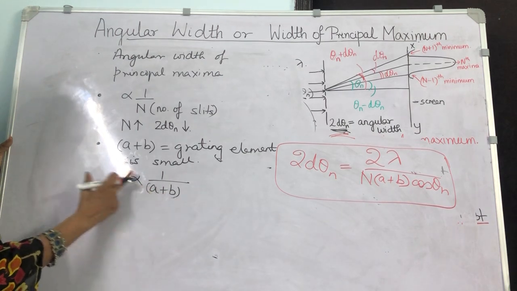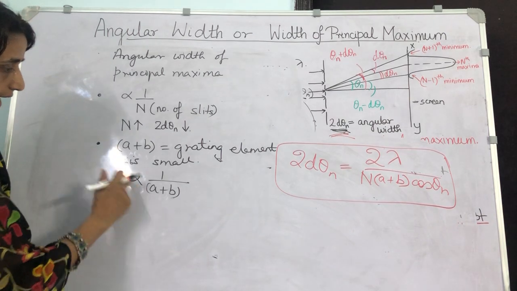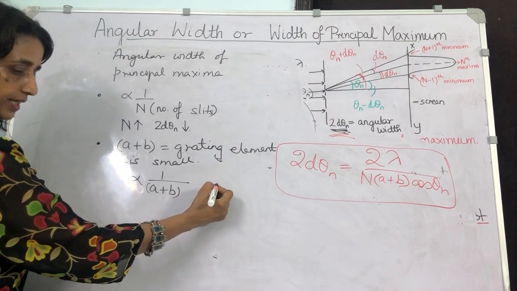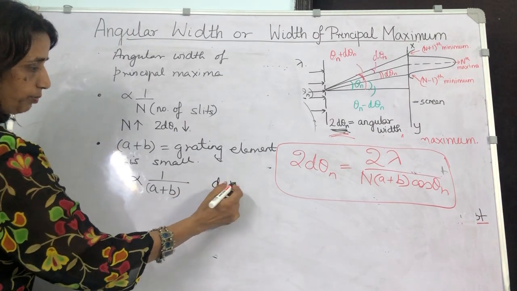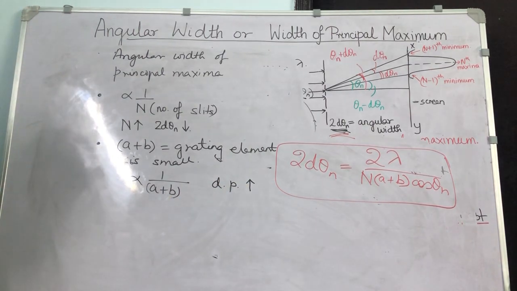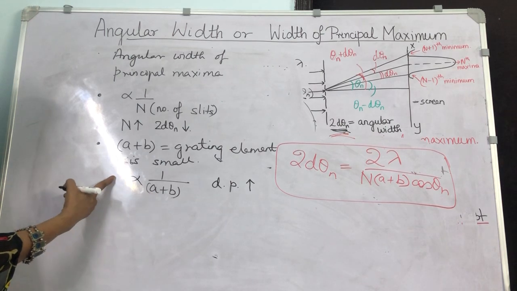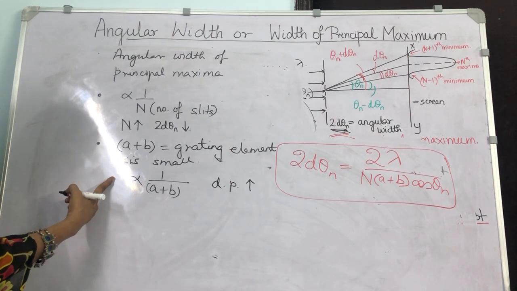So when this is small, the angular width is high and the dispersive power is going to be large. This we will do in the next lecture also. And if the width of the ruled surface, that is N(a+b), increases, the width of the principal maxima decreases.